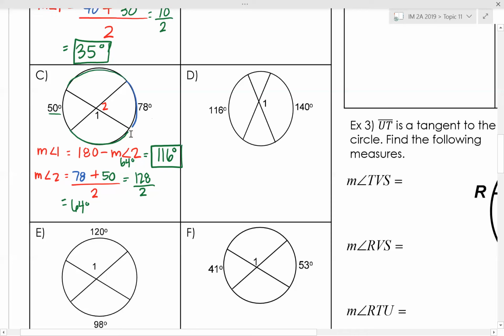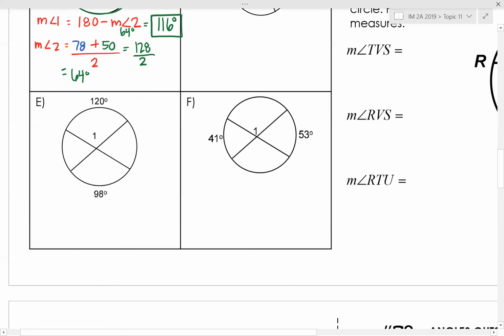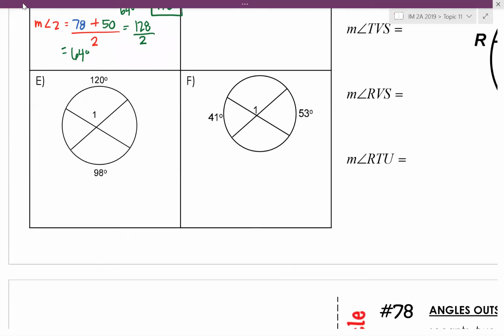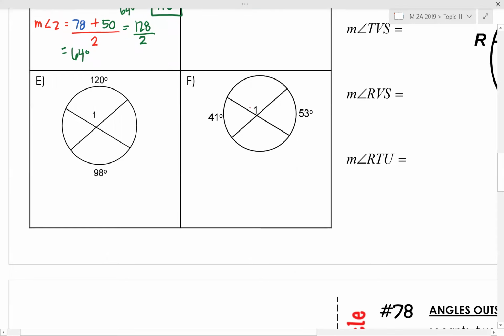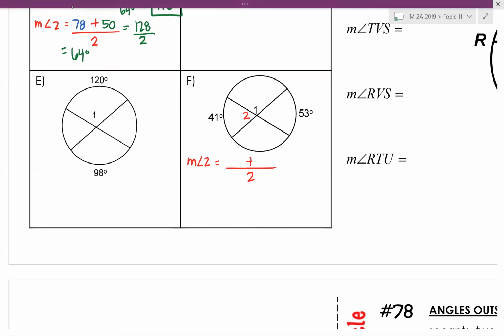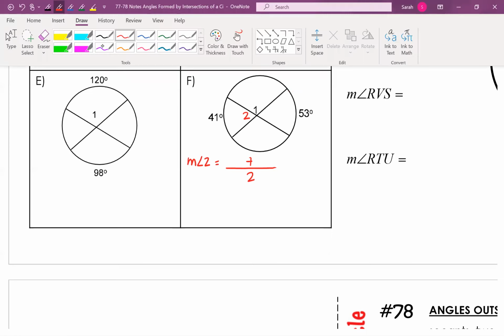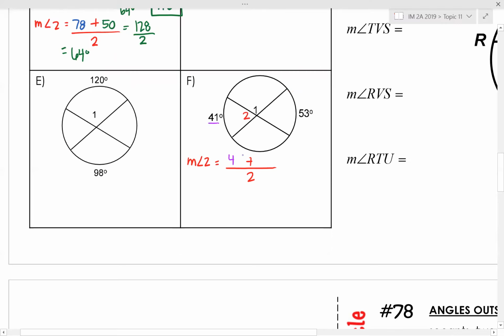We're going to do F next, which is similar. So again, I want to find angle 1, but I don't know the arcs across from angle 1. And so I want to find angle 2 first instead. Looking at this, the measure of angle 2 is going to be half the sum of the arcs that are labeled. Those arcs are 41 and 53.